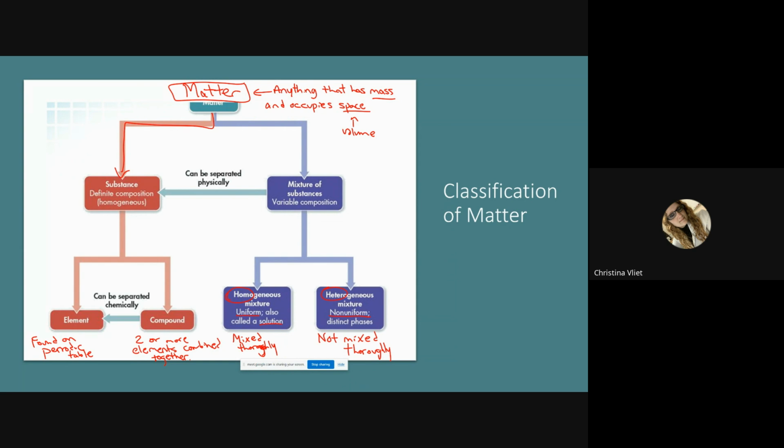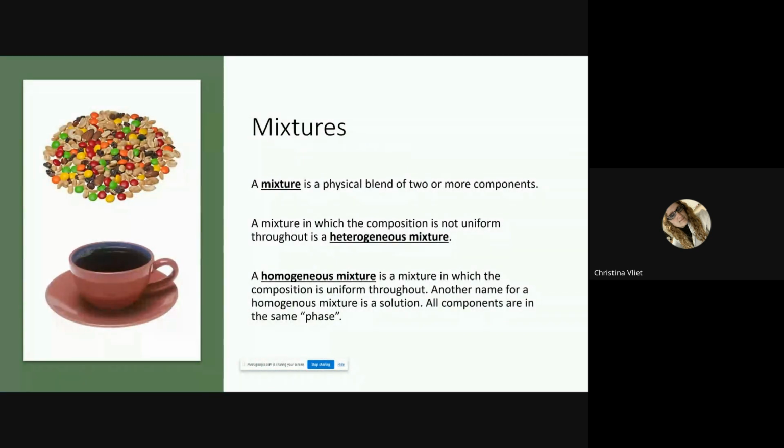Okay. And so we're going to go into the specific definition shortly, but this is just a flow chart on substances and mixtures. These are the definitions you need to be aware of for mixtures. A mixture itself is a physical blend. Physical means that it can be separated by physical means, either pouring off a layer on the top, or by filtering, like using filter paper.